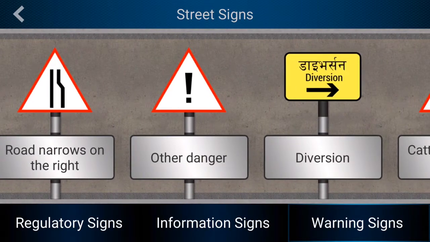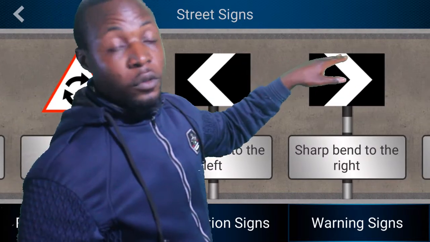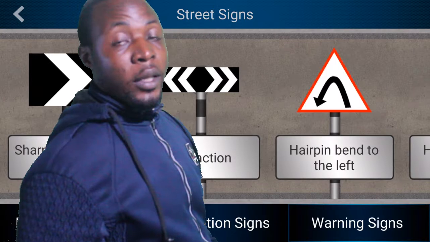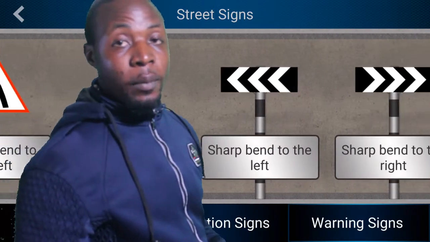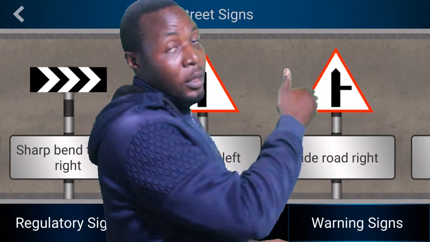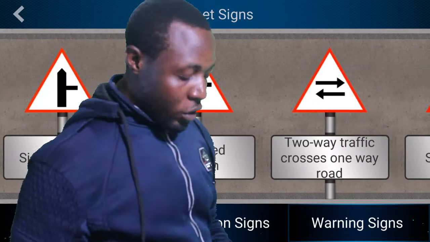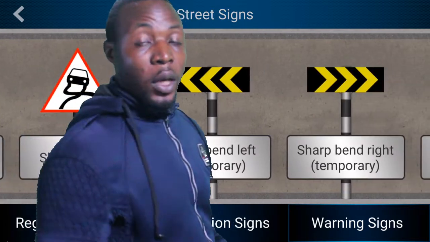When driving and you see this sign of children, you make sure that you slow down your speed, because you may get in danger or a child may jump into the road. So whenever you're driving, you see these signs of children passing or the zebra cross that people are crossing, you just have to make sure you slow down.